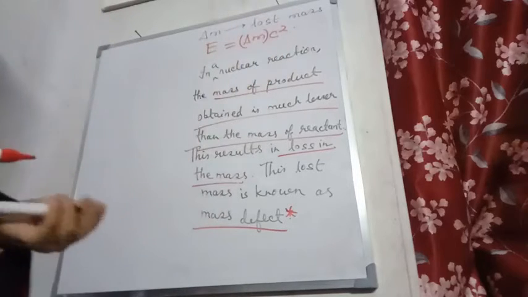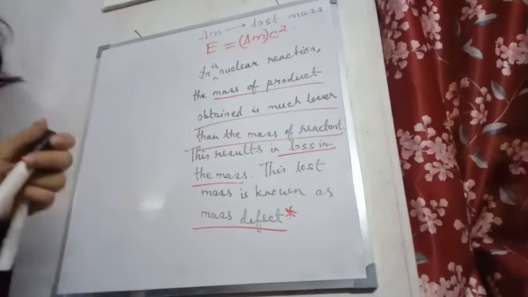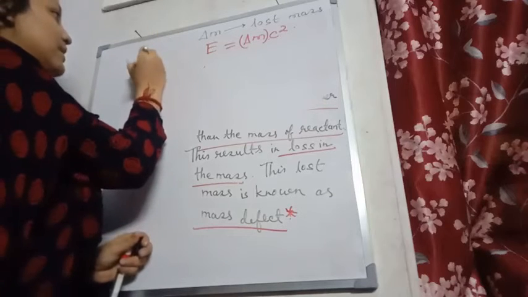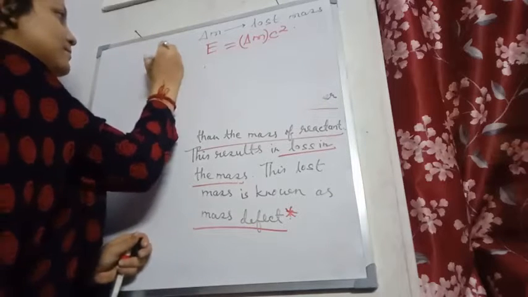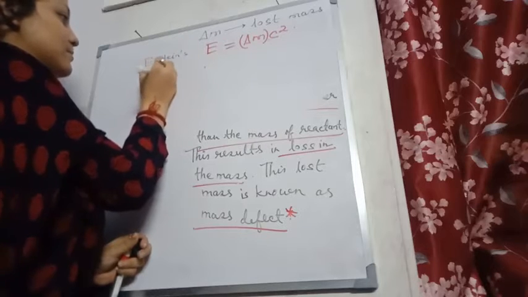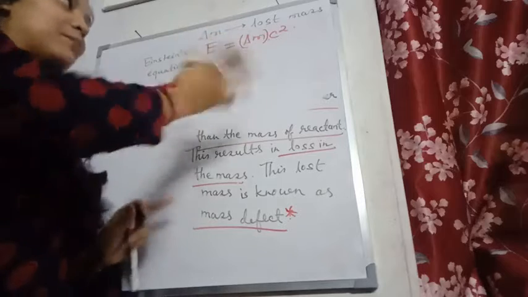This is Einstein's equation, where mass and energy can be converted.